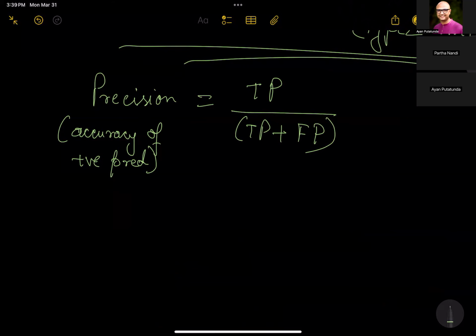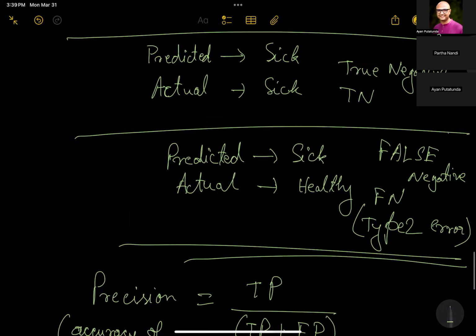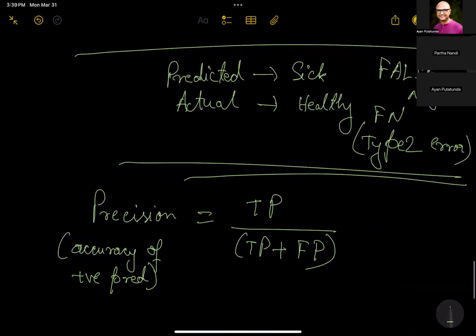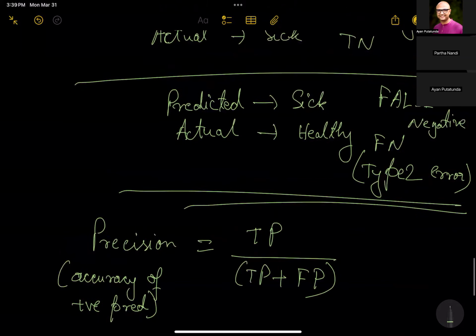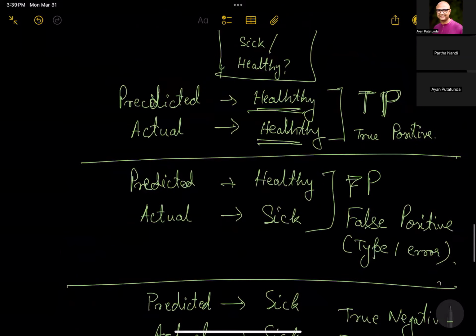Which means that of all the items which are labeled positive, how many are actually positive? When we are talking about precision, we do not need any negative observation. We are only concerned with positive.